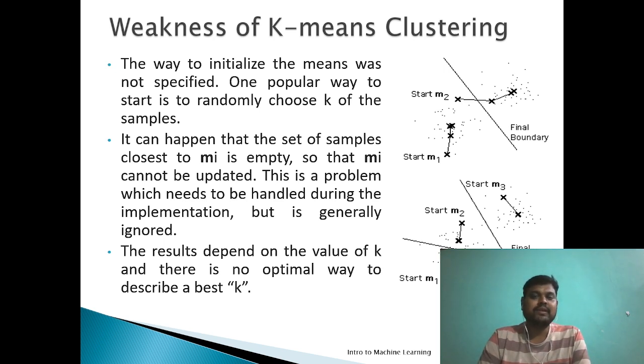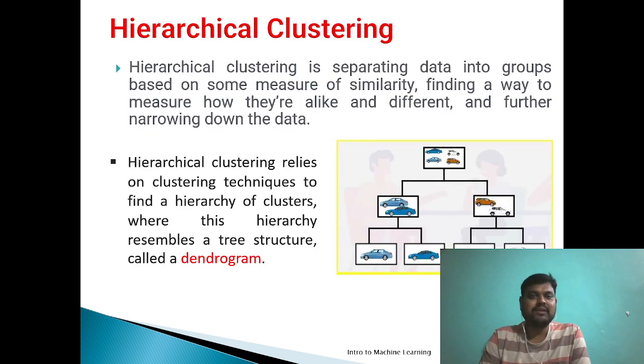If a particular data point is empty, it cannot be updated to any of the clusters, so generally the empty data point will be ignored. There is no optimal way to select the k value. That is the only weakness of k-means clustering.